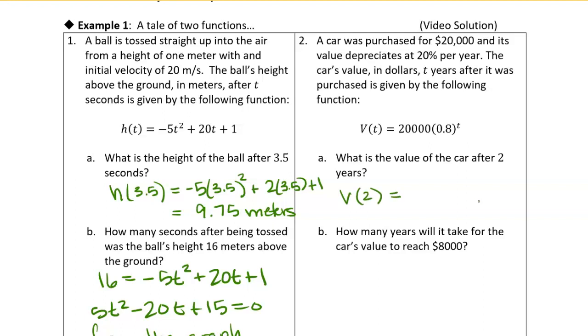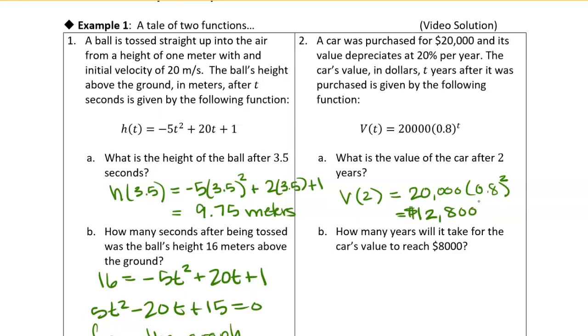We're just going to take the 20,000 times 0.8 squared. Let's see, I didn't calculate that. 20,000 times 0.8 squared gives me, after 2 years, a value of the car of $12,800.